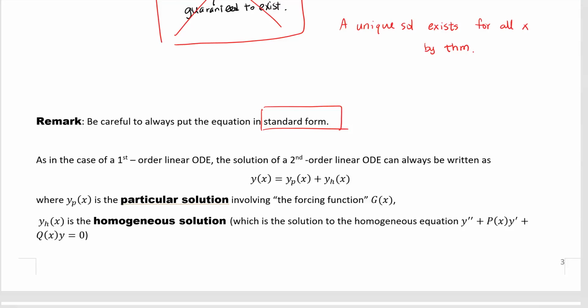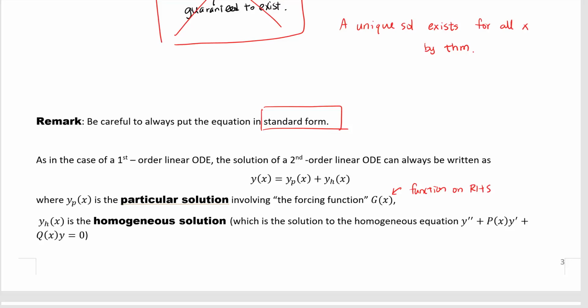Okay, as in the case of first order linear ODE, the solution of a second order linear ODE can be written as a sum of a particular solution, the particular solution involving the forcing function g of x. This is actually the function on the right hand side.